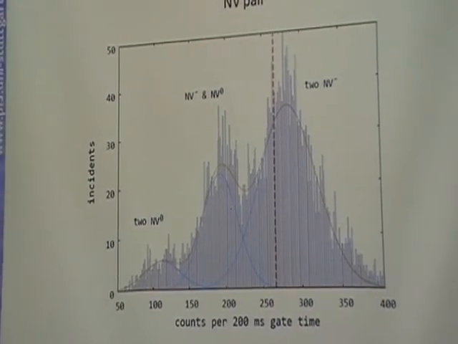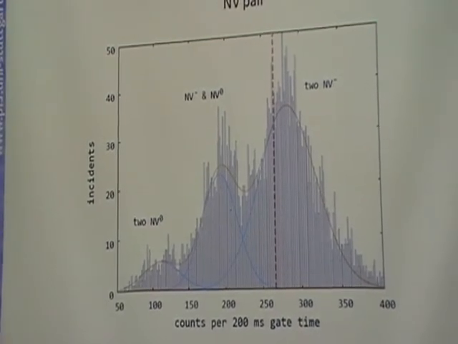For example, in this case they have 2 NVs in an optical focus. So they can say, well, if we have something like 100 counts, these are 2 NV0s. If we have about 170 counts, it's NV minus and NV0. And for this kind of coupled system here, if these are 2 NV minus, then we actually perform the quantum operation.